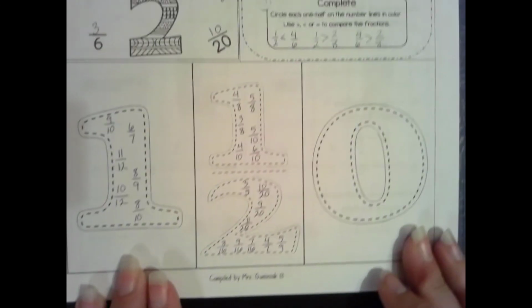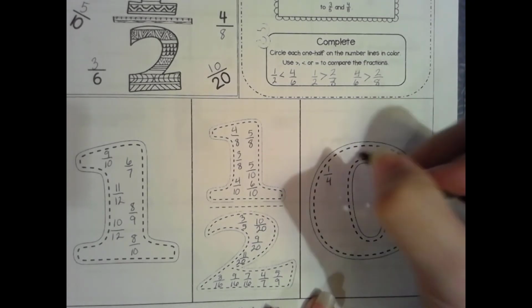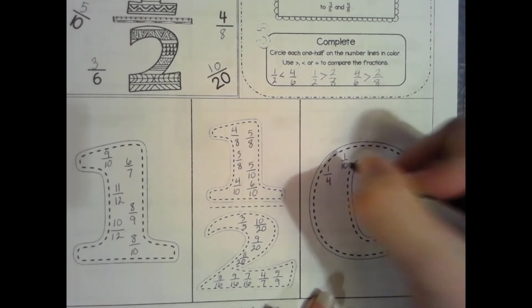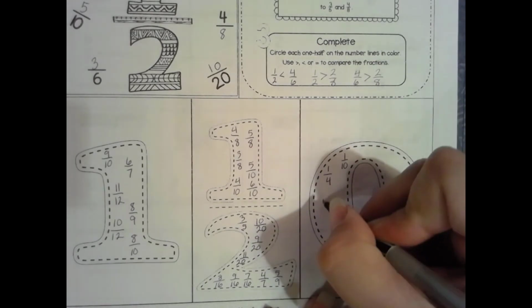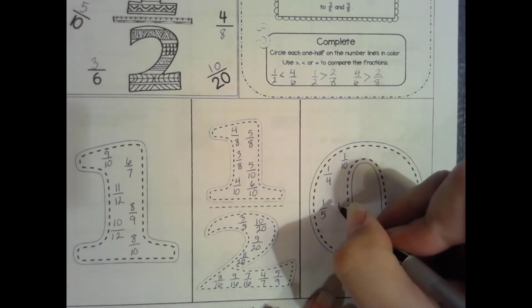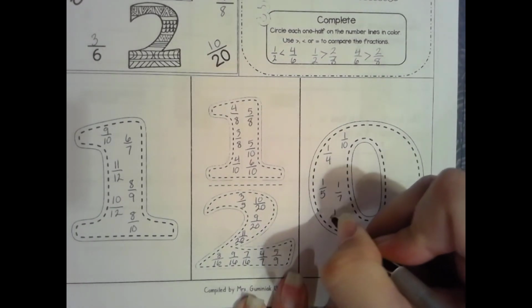Now close to 0, well, that would be more along the line of your unit fractions, 1/4 or 1/10 or 1/5. 1/7, especially as you get your denominator to be larger, 1/12.